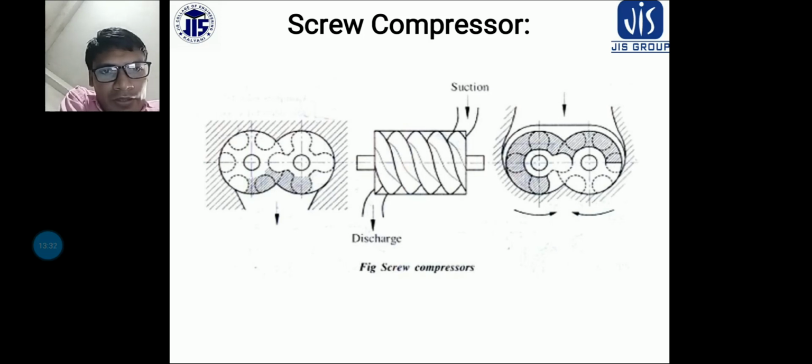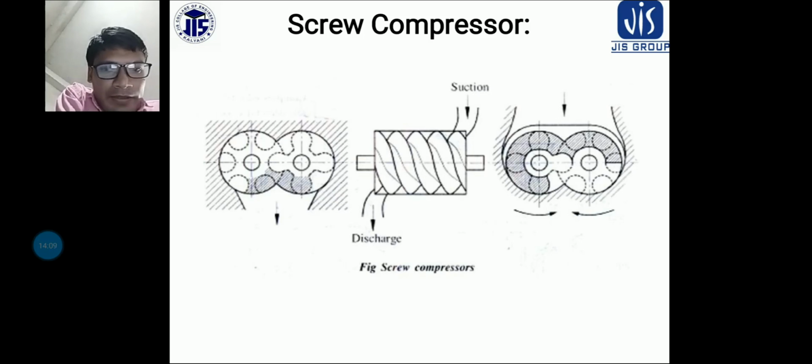The helical, rotary or screw compressor is a positive displacement compressor in which compression is accomplished by the enmeshing of two mating helically grooved rotors suitably housed in a cylinder equipped with appropriate inlet and discharge ports.